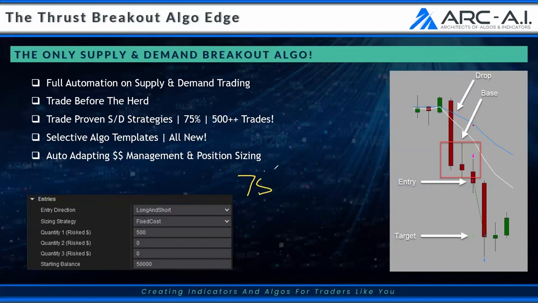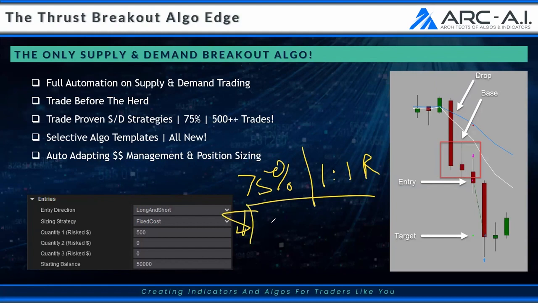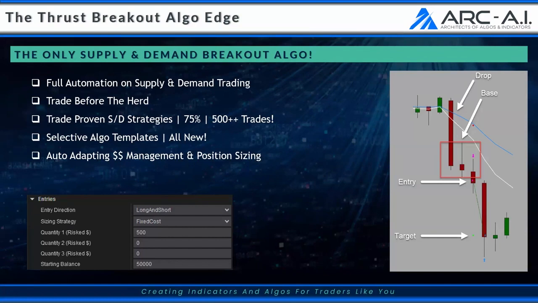Let's say it's 75% and you're trading 1-to-1 risk reward. Based on this, I can now set my max risk per trade, something you can really dial in. And you know you've got a significant edge to help you get through your eval, get funded, stay funded, make money, scale the account, repeat, and so on.